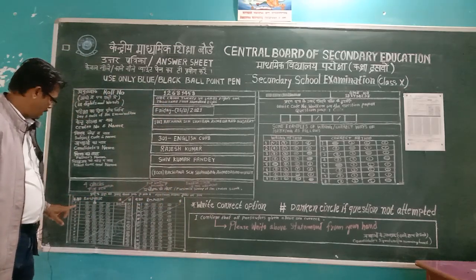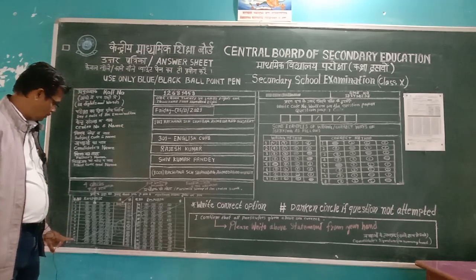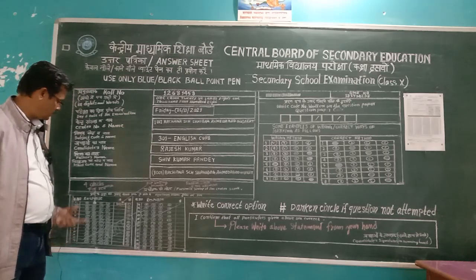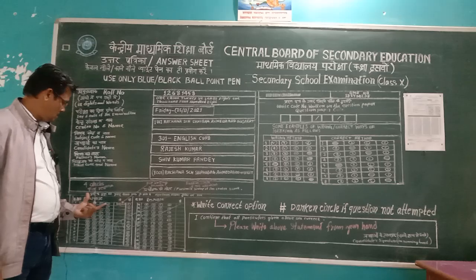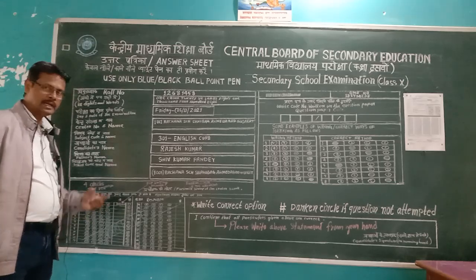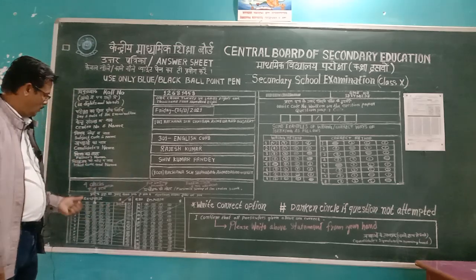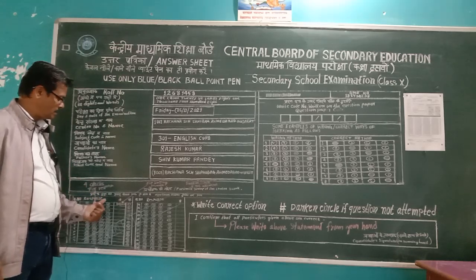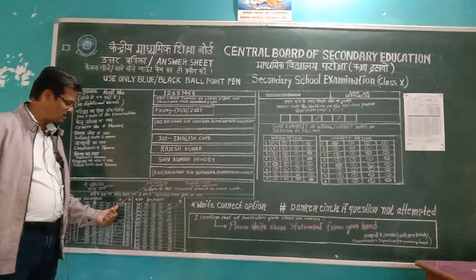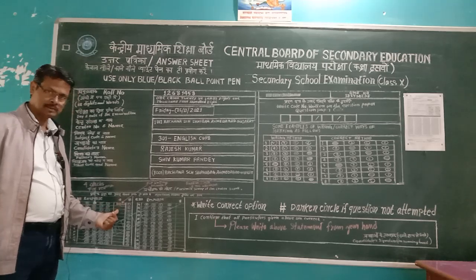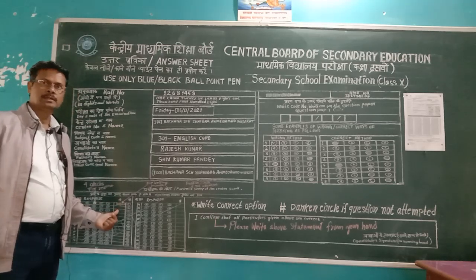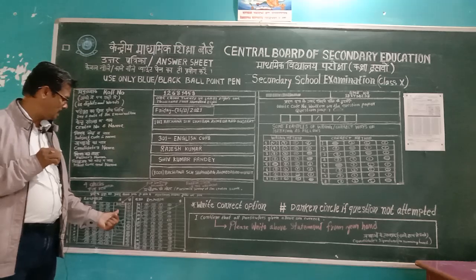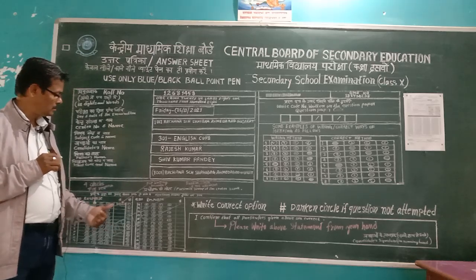On the left side, the question numbers are given, 1, 2, 3, 4, 5, 6 like that. To the right of the question number, you will find 4 options, 4 circles A, B, C, D. To the right of that, you will find a rectangular box below the star mark to write the desired answer option.